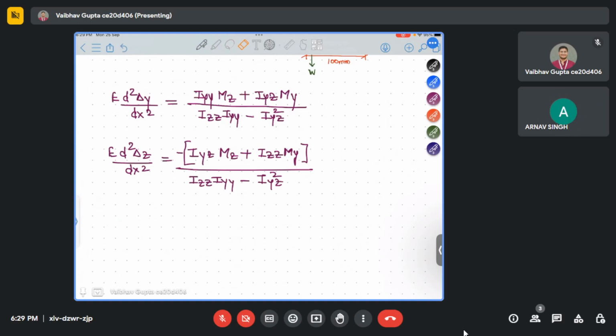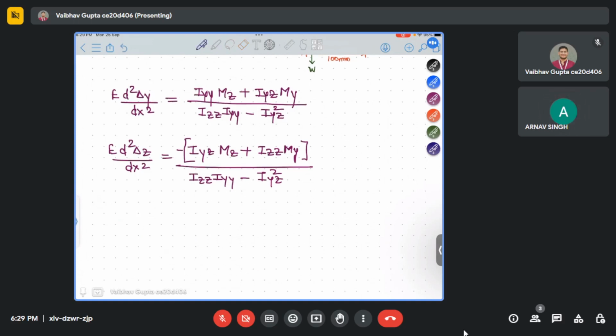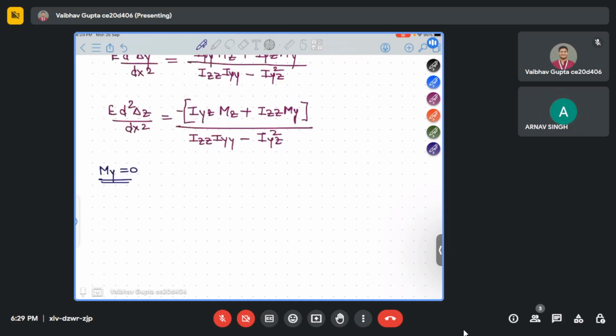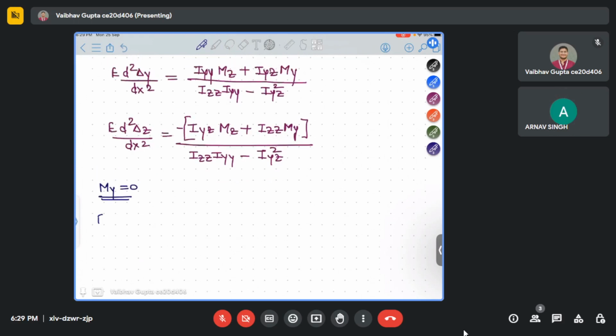Okay. So in our problem, my is 0, because the loading is applied in the y direction. So we will get mz moment. So if I put my as 0 in these two formulas, the first will become IYY by IZZ IYY minus IYZ square into mz.